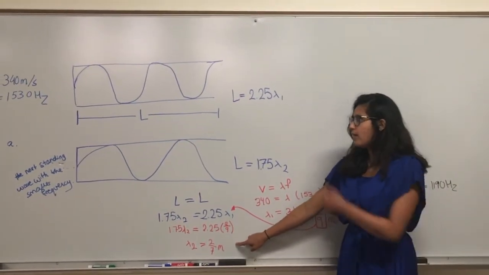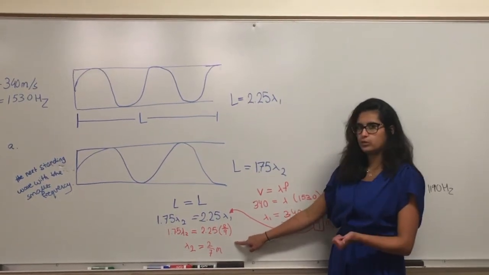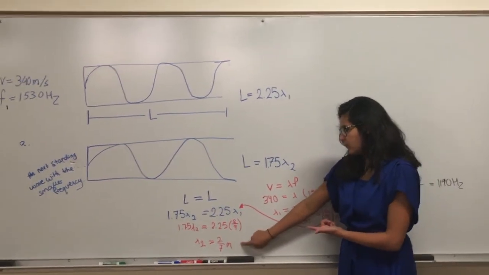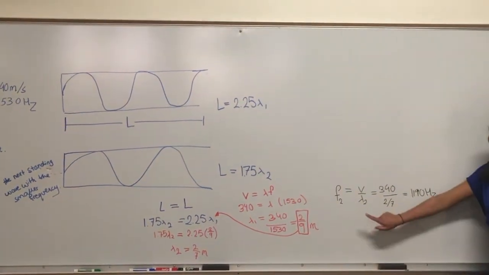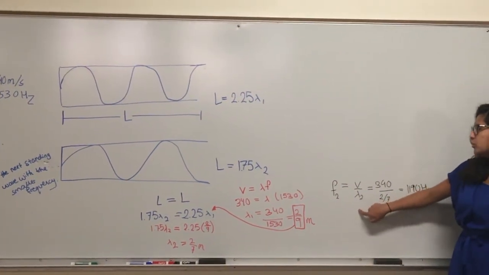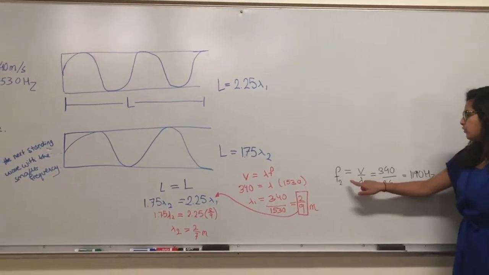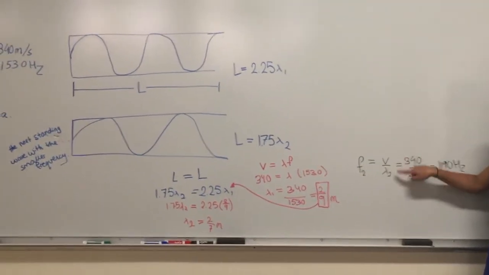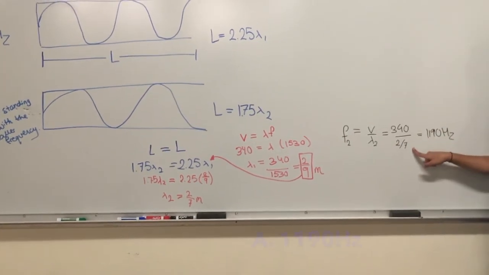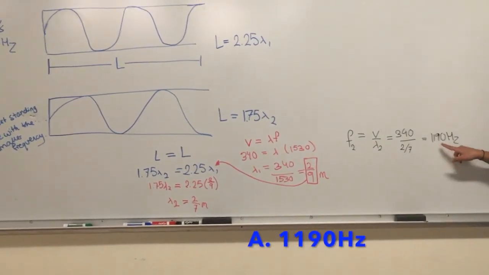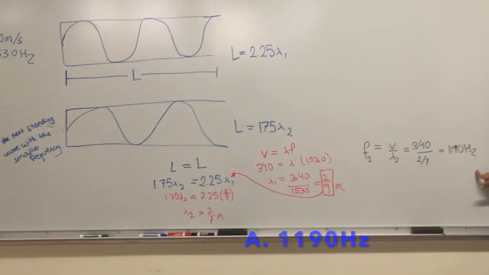So now we have the velocity, which is 340 meters per second, and the wavelength, which is 2/7 meters. We can easily find frequency with the same equation, just rearranging it. So frequency is equal to V over the wavelength, which is 340 over 2/7, and you get 1190 Hz.